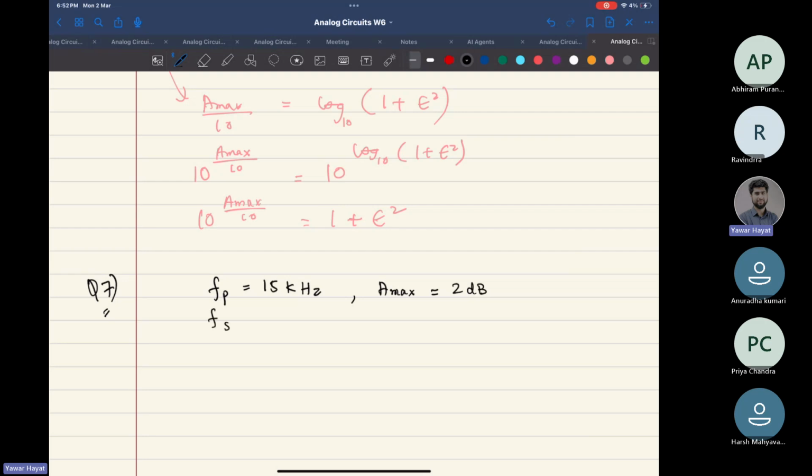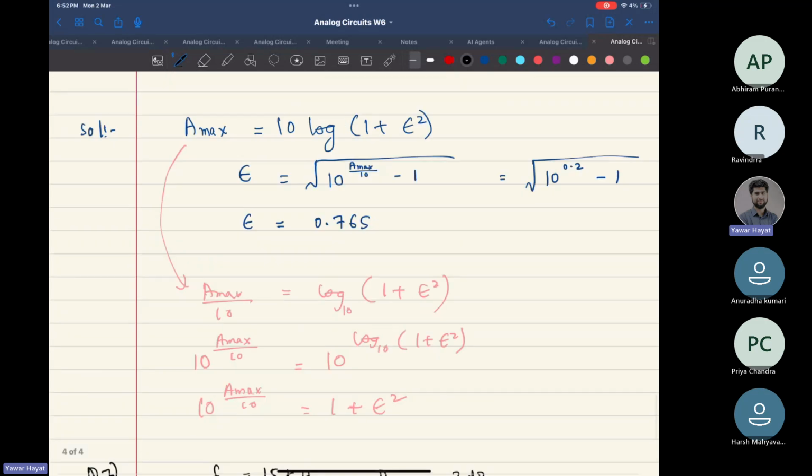Your FS, suppose that is 20 kilohertz, right? A min, suppose that is 30 dB. DC gain, suppose that is 1. You need to find the order of the filter. How would you proceed?